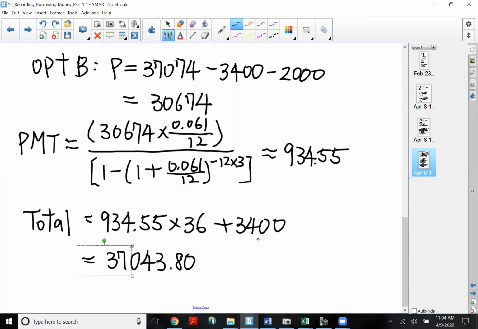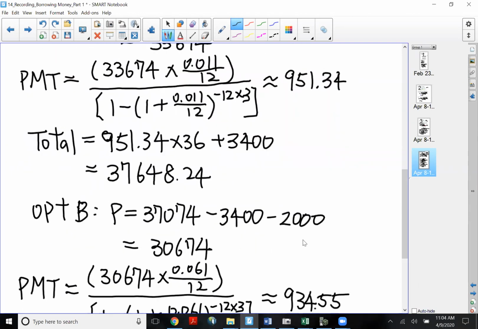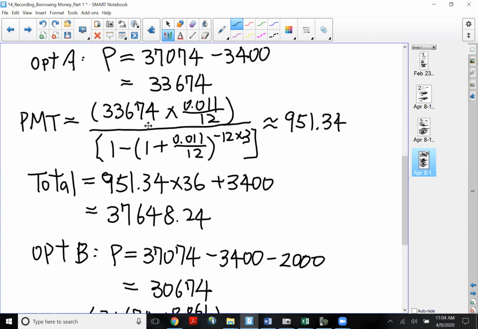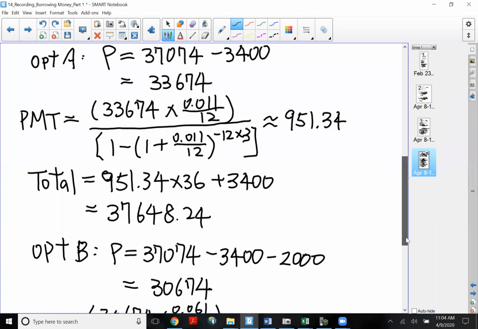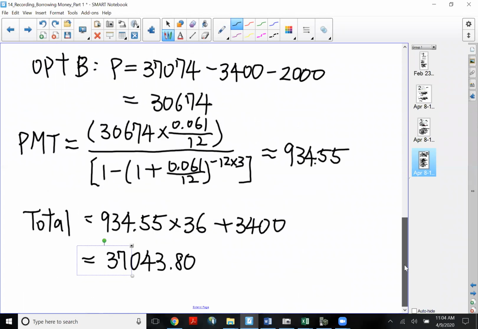So option B, she financed for 30,000 and ended up paying $7,000 total in interest. Option A, she financed for 33,000 and ended up paying 37,000, so she paid $4,000. It's kind of strange, if you really think about it.